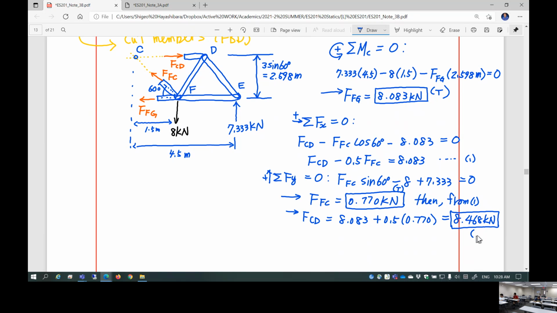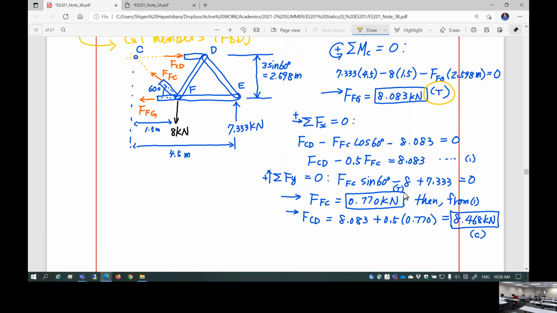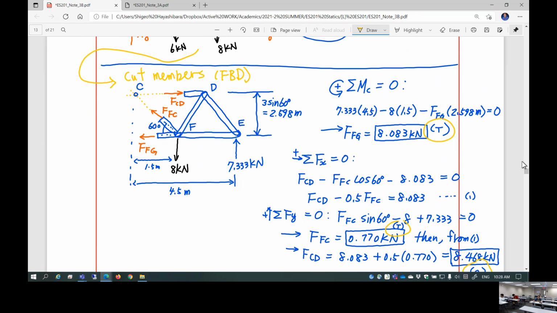FCD, this is compressive. Okay, so just don't forget about saying either tensile or compressive for each force. Any question here? This is much easier, isn't it, than the method of joints.